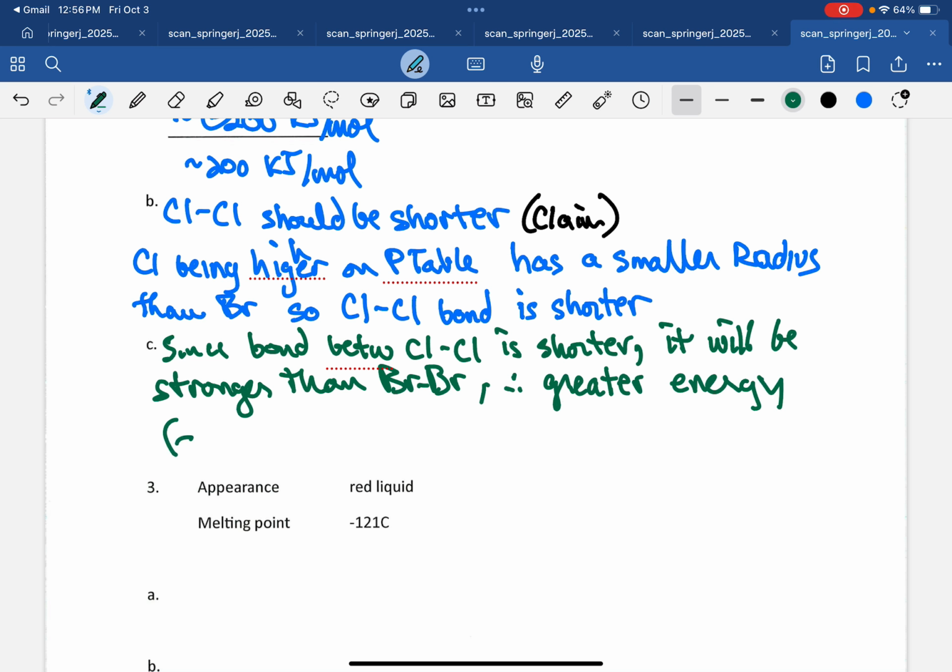So a deeper valley, for want of a better word. It's not a peak, it's a valley.